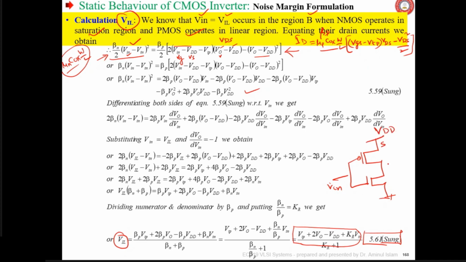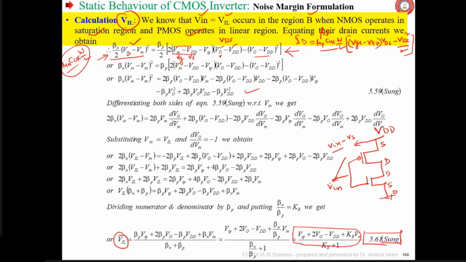This is source, drain, source. V in is with respect to ground, 0. So this is the voltage between this point to this point. Is it not V in? That is VG and VS. Yes, VS is nothing but VDD. So is it understood? This is your VGS.